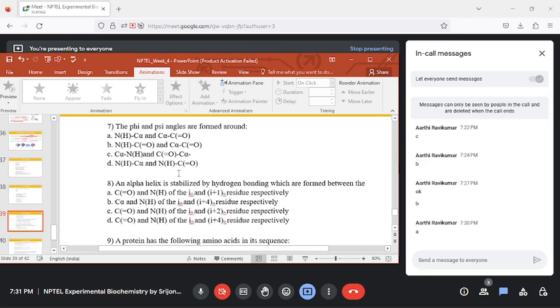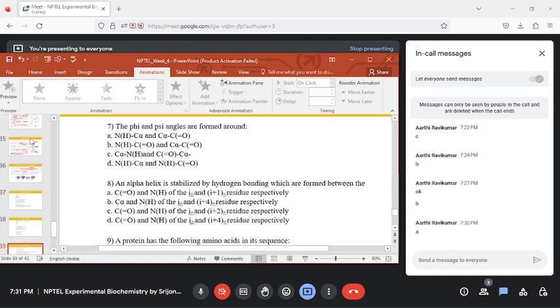So it is the NHC alpha and the C alpha CO, or we have the NHCO and the C alpha CO, or we have the C alpha NH and the CO C alpha and the NHC alpha and the NHCO. So what is it?